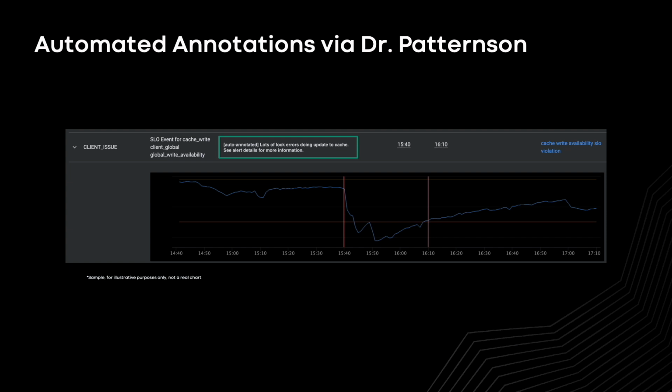Besides manual annotations, we also have a very exciting capability of automatically figuring out the root cause of events that led to an SLO violation and creating an annotation for it. This tool is called Dr. Pattinson, and basically it allows you to run an analysis script in response to any event.